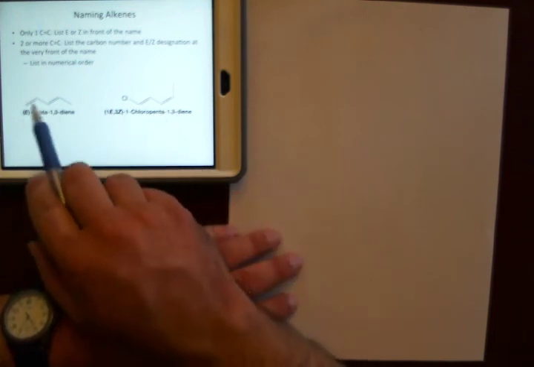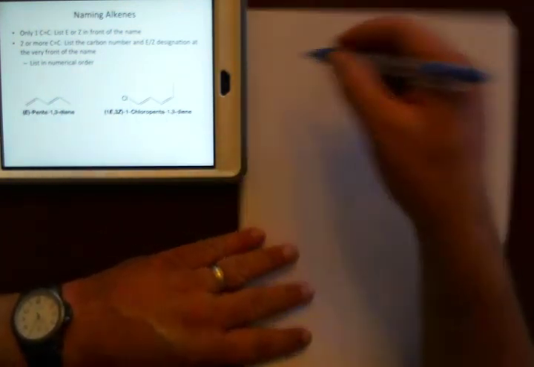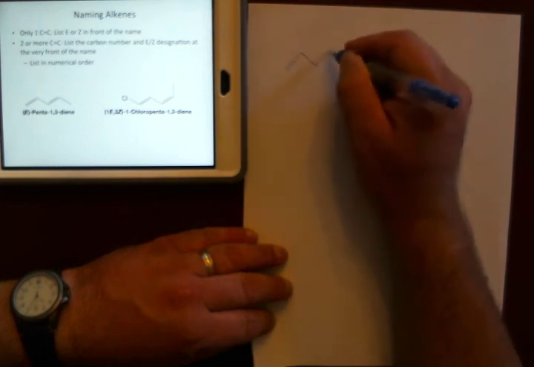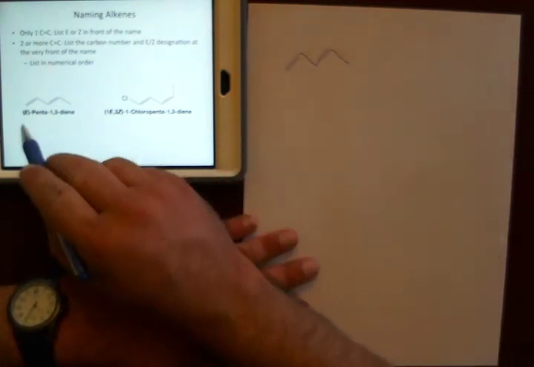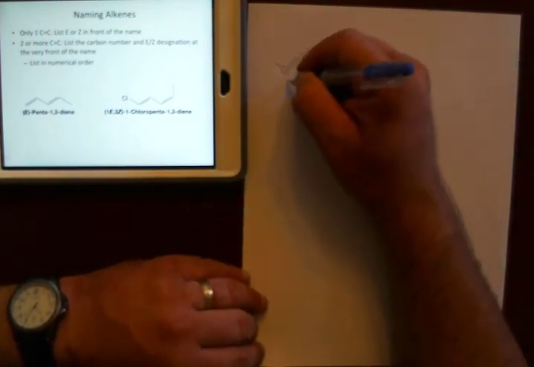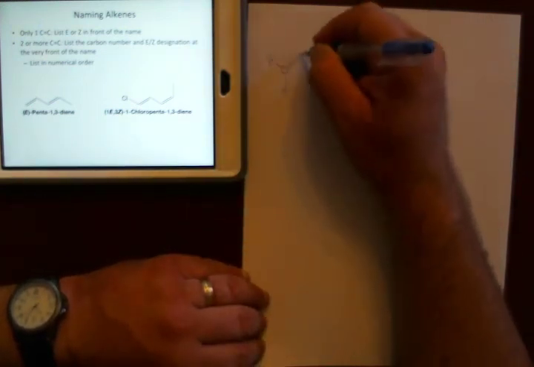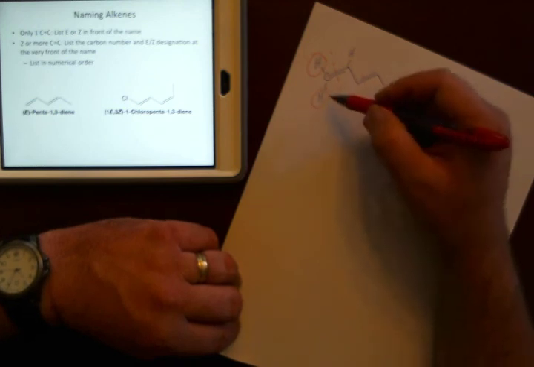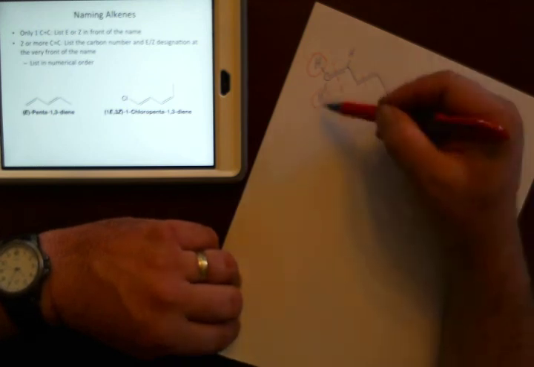Now, if you notice here, there are 2 double bonds, but I didn't list which one it is. The reason why is because if you look at where the 1 is, if you were to try to do this as a high and low, you're going to compare hydrogen and hydrogen. There's no difference. It's a tie.